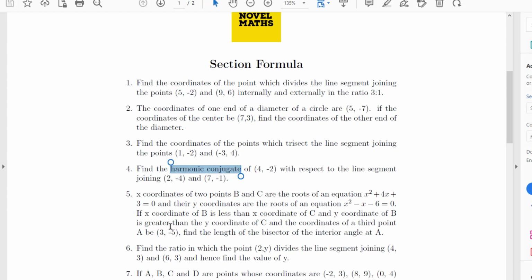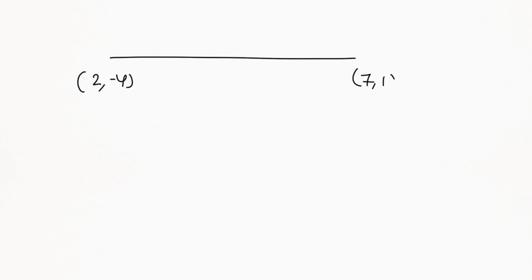Let's solve this question. Find the harmonic conjugate of 4, -2. So what is the line segment here? 2, -4 and 7, -1. To find the harmonic conjugate, first we need to find the ratio in which this point 4, -2 is dividing this line segment. As I said, you can consider this as lambda is to 1 ratio, right?